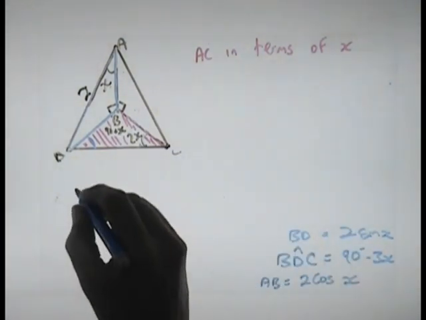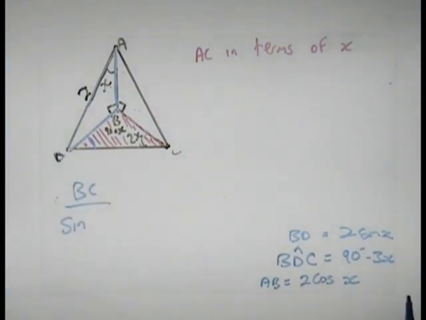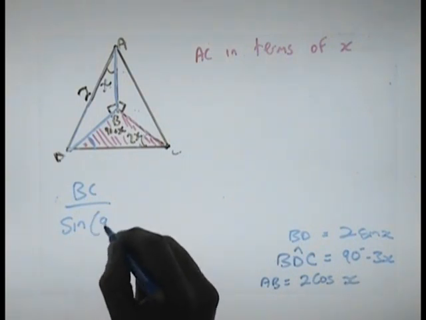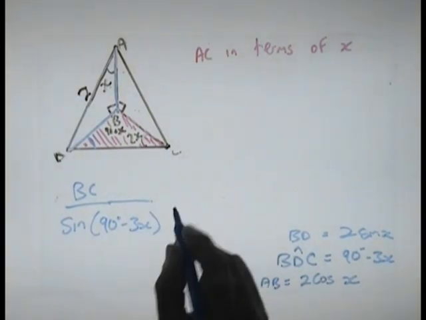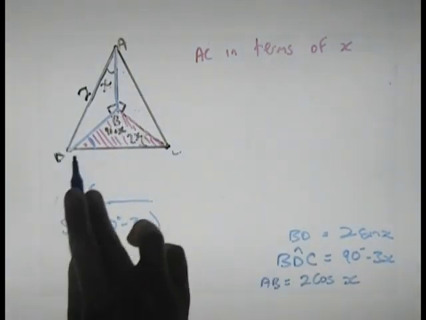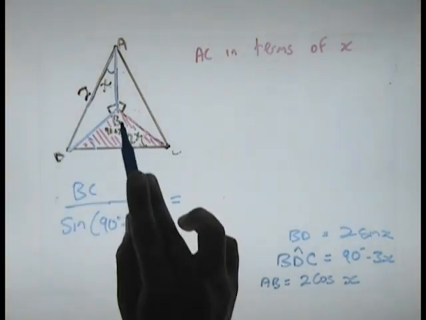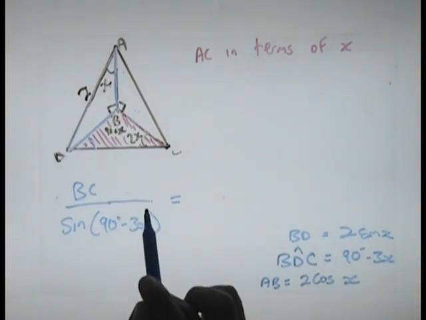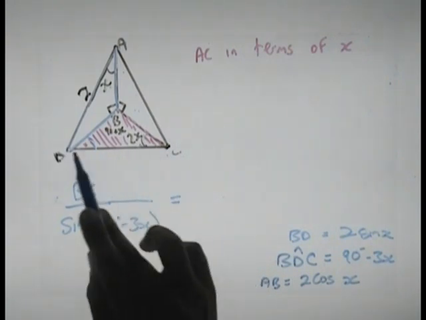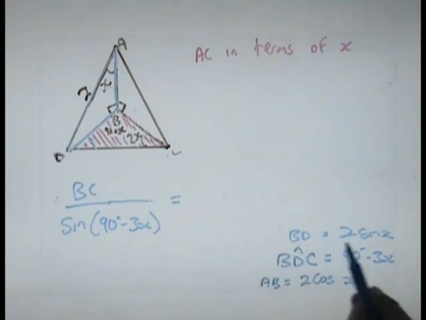Can't we use the sine rule to say BC over sine of D? Now D we know is 90 degrees minus 3x. That side BC over sine of its opposite angle is equal to another side, either DC or BD, which we have as 2 sine x.